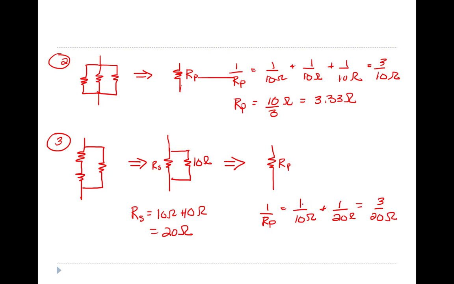Remember that 1/10 is 2 over 20, which means R parallel is 20 ohms over 3, and that equals 6.67 ohms.